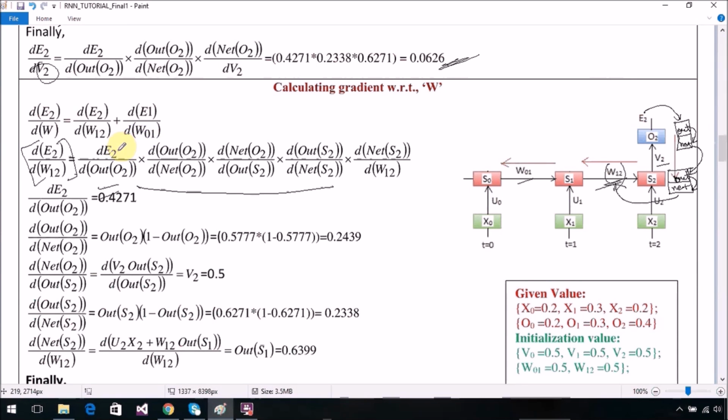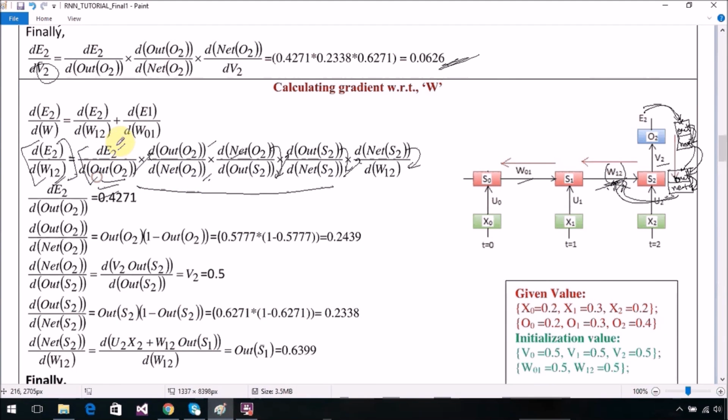So we can expand the partial derivative of E2 with respect to W12 as the derivative of E2 with respect to out O2, then out O2 with respect to net O2, then net O2 with respect to out S2, then out S2 to net S2, and then net S2 to W12.